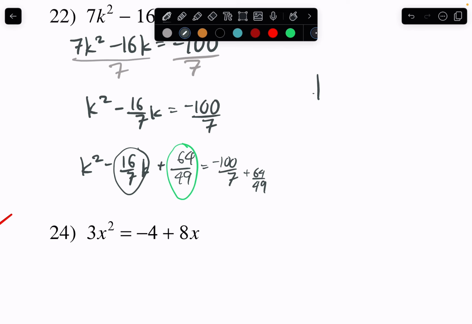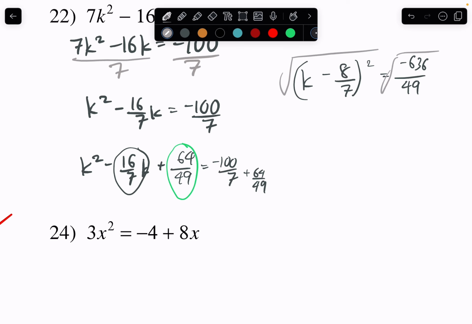Let's bring this somewhere. Negative 700 plus 64 is negative 636. And then square root. Wow.